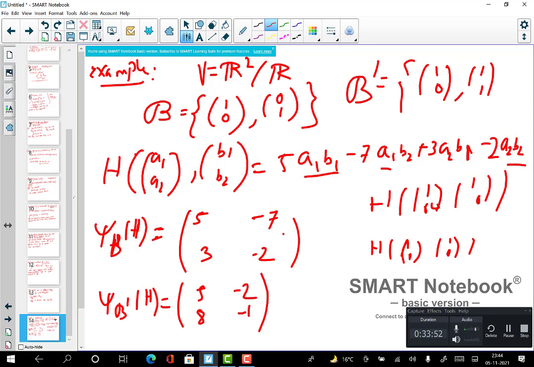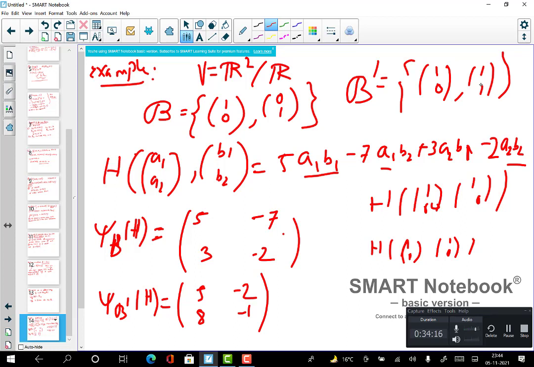So this is the matrix with respect to the new basis, which is not the standard basis. Clear? So you can easily find out that given a bilinear form, you can always attach a matrix with respect to some basis.